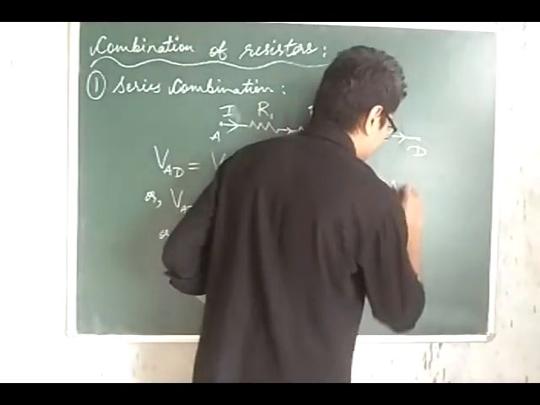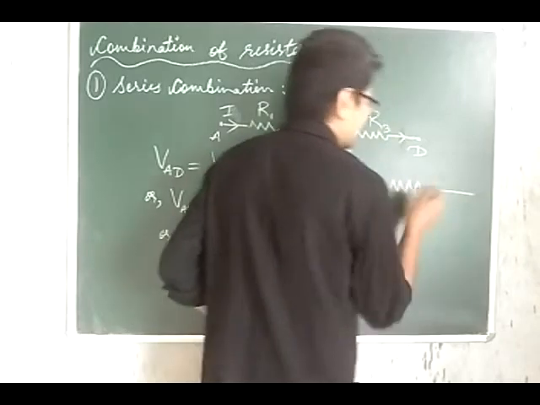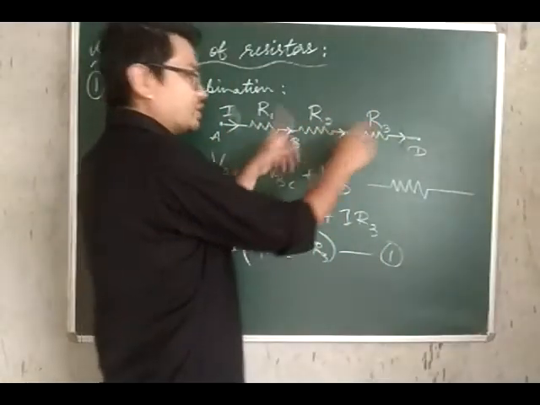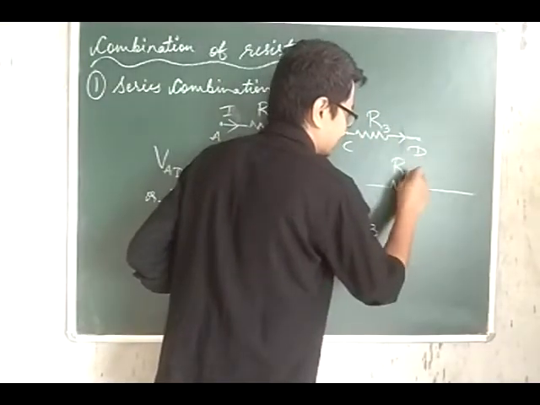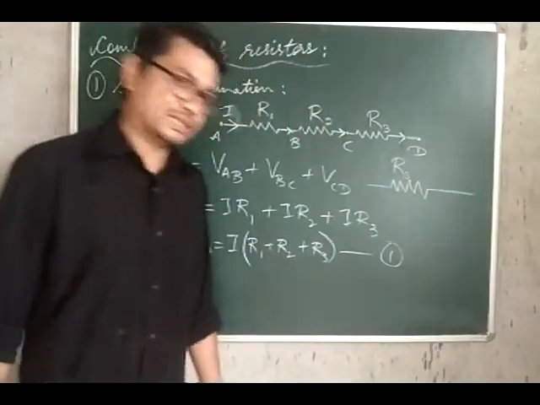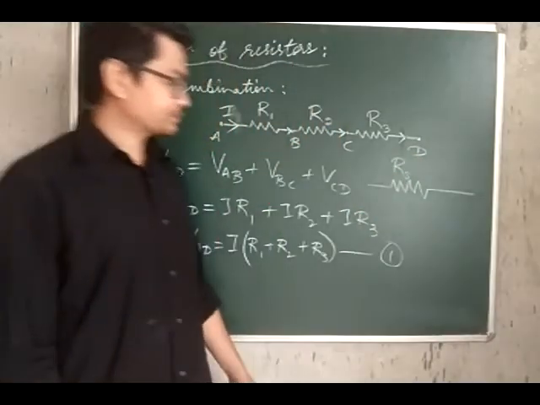What is special about that resistor? I'm going to talk about that. Let's say we are replacing these three resistors by a single resistor. Let's call it R subscript S. S is the subscript here.